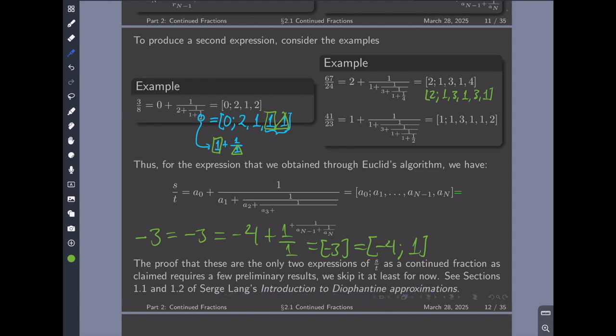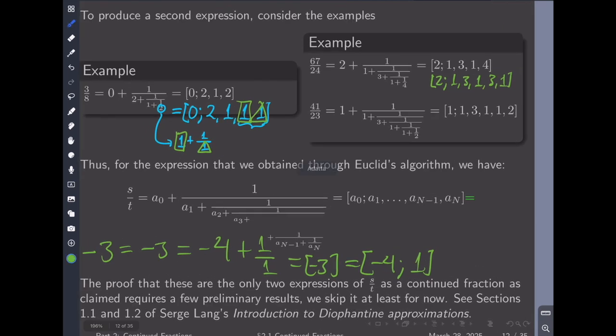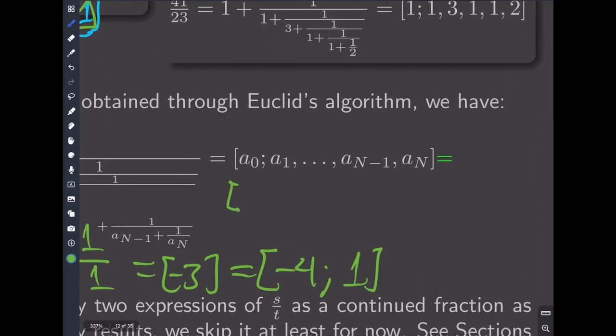It's really, really elementary, the uniqueness. So let me just leave it there. By the way, here I put it so that I would write that this is equal to a0, a1, ..., an minus 1, an minus 1, 1.